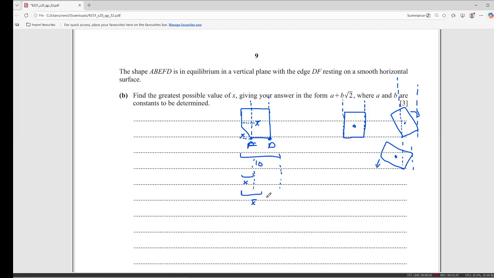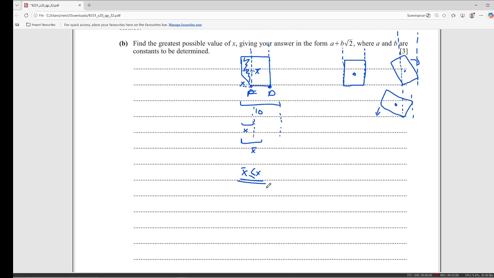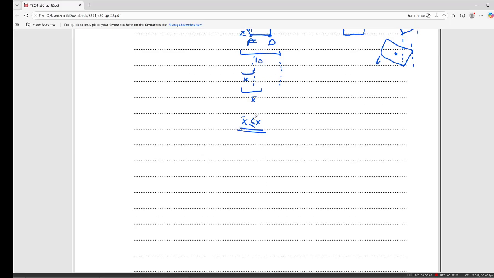What does that tell me? It tells me that x mean must be greater than x. If x mean becomes lower than x, that means x mean would be residing in this region right here, and that means it would fall because it is outside the center of mass's baseline. And we can use this inequality to solve it. It can be lesser than or equal to. Okay, that is lesser than, it will fall.